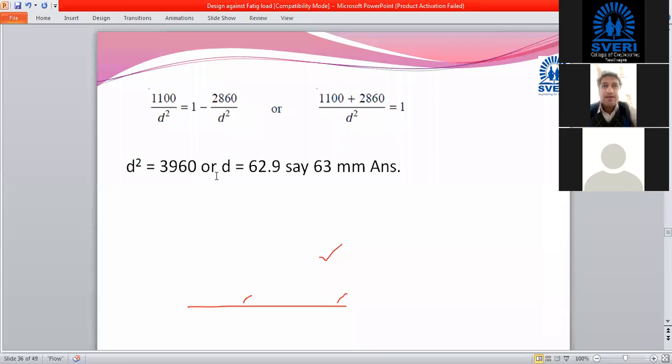This d square, as we have calculated, is 3960, and if you take the square root of it, it is 62.9, approximately 63 millimeter. Hence this particular shaft will work under the action of this fluctuating type load for an infinite number of cycles.